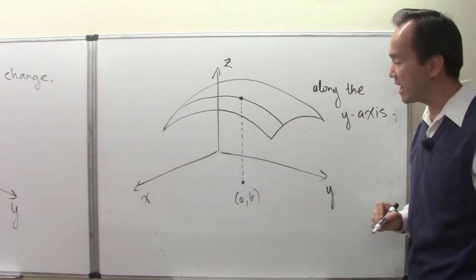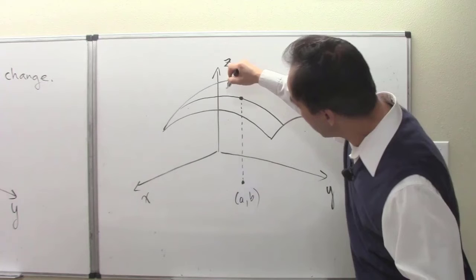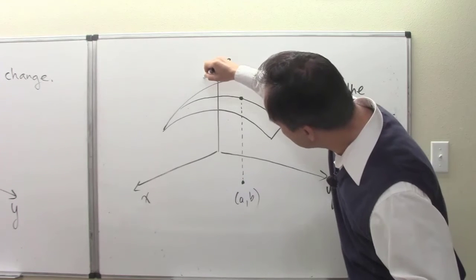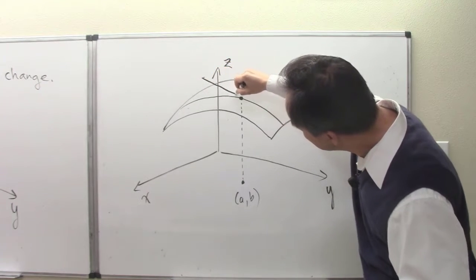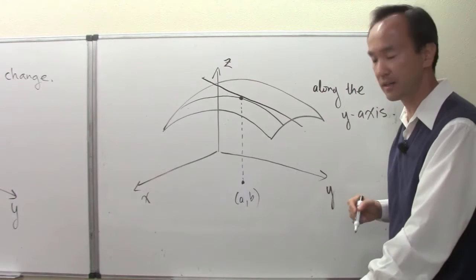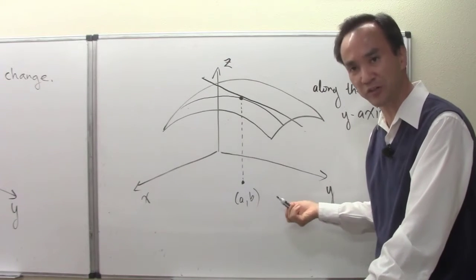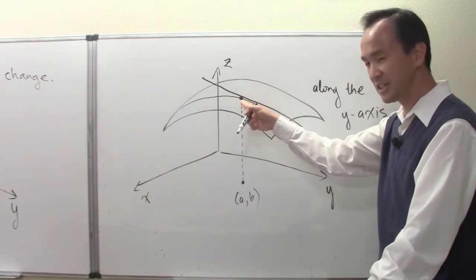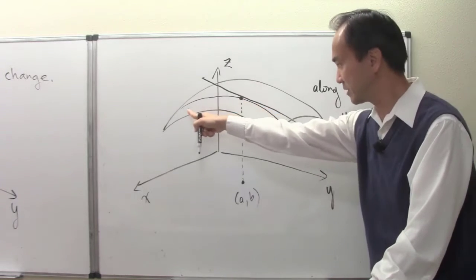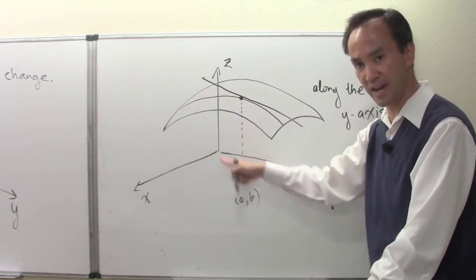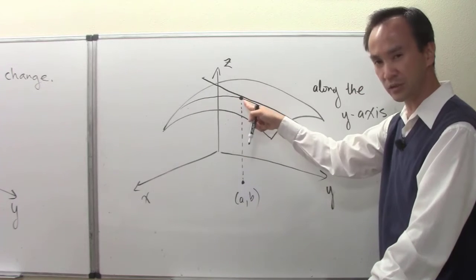Along the y-axis, that same point has a tangent line too. Forgive me if I'm not making the best picture of the tangent line there, but there's a tangent line supposedly tangent to this tracing curve along the y-axis, right through that point.